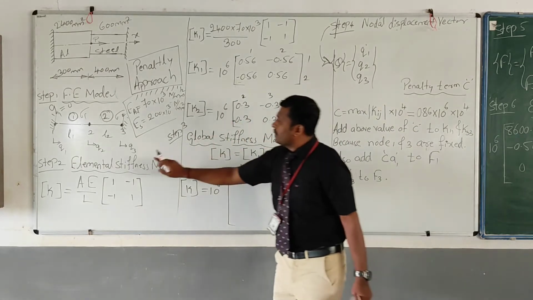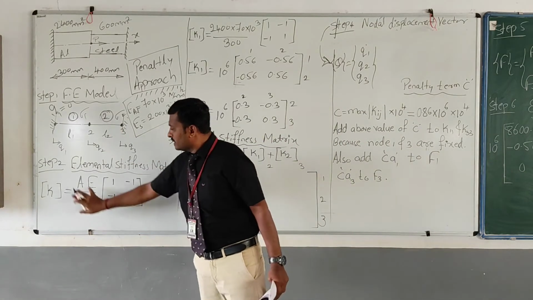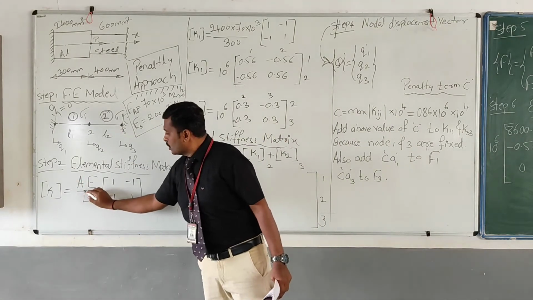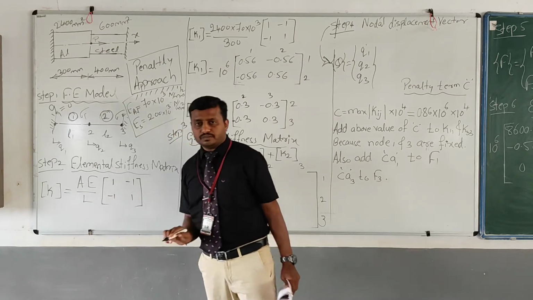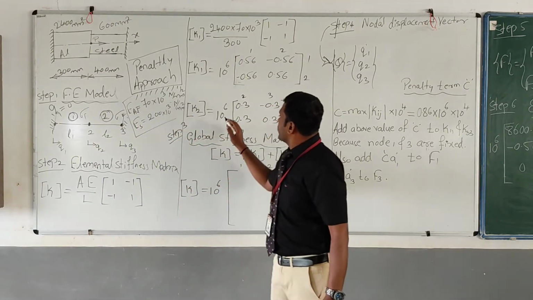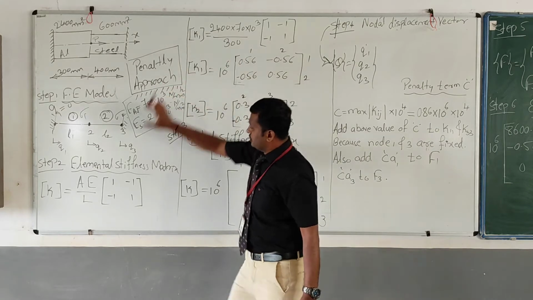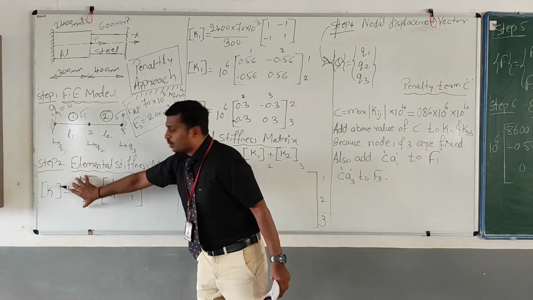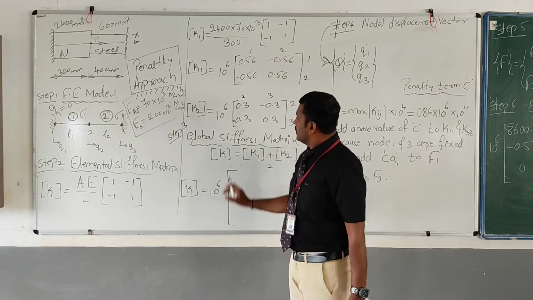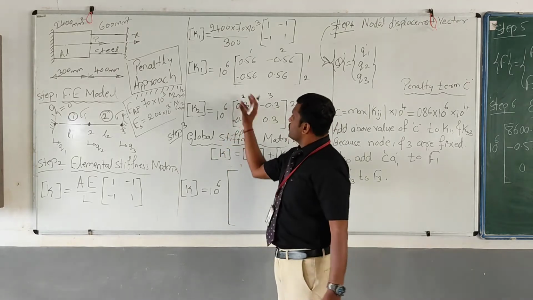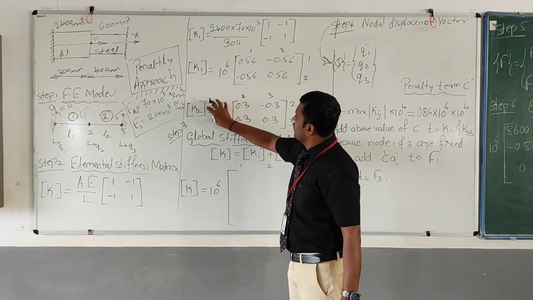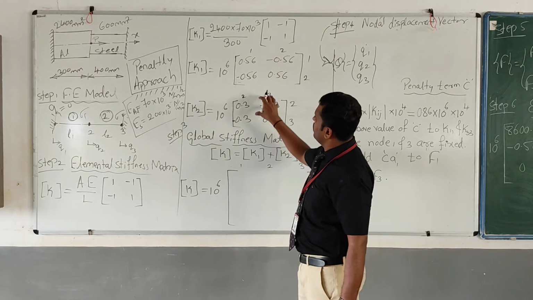Similarly, for element number 2, again this is the same general formula. Here it will be A2, E2, L2. Substitute those values. There we get this entire term, 0.3 into 10 to the power of 6. We know that the same value we have to take outside, so 10 to the power of 6 I have taken outside, and 0.3 I multiplied inside the matrix.